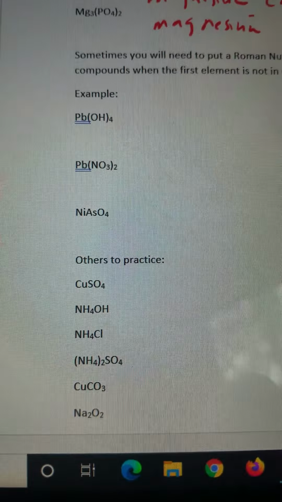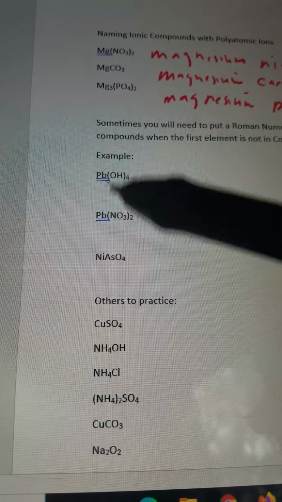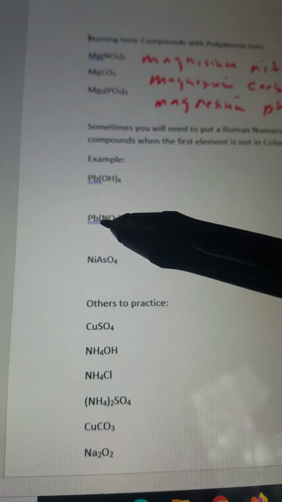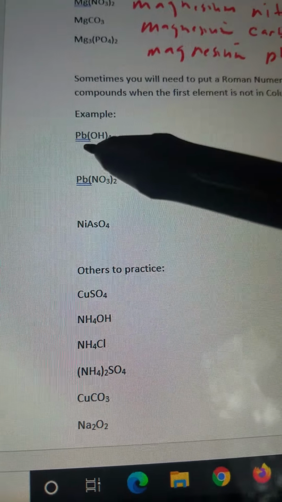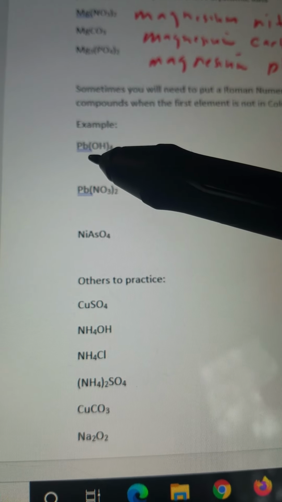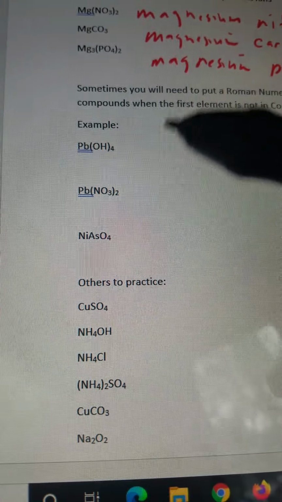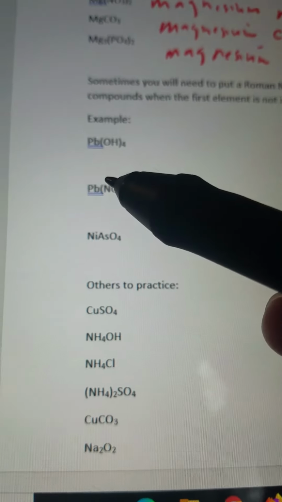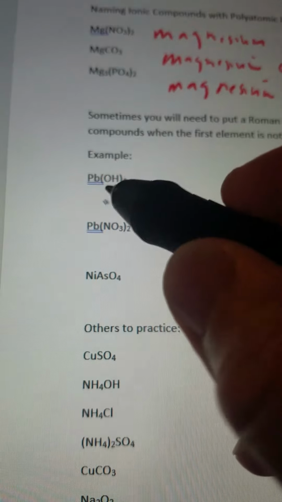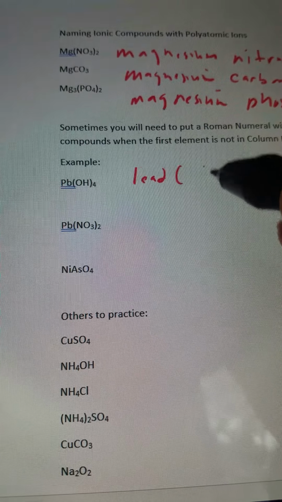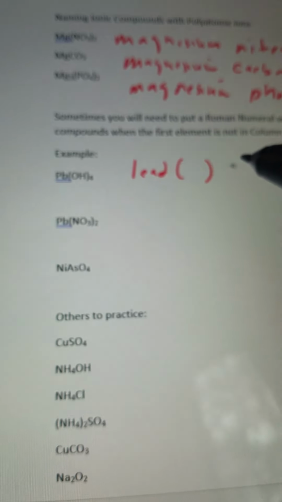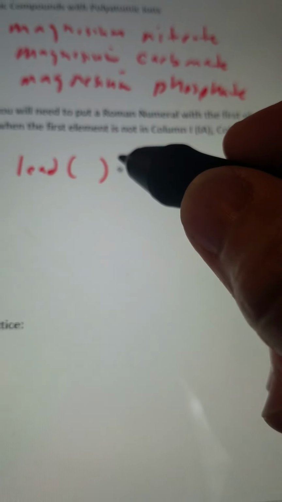Now, if you do have an element like lead, for example, in these two examples, since it is not in the first two columns and it's not silver, cadmium, zinc, or aluminum, then you will have to put a Roman numeral to indicate the charge that the lead will have. So when we're naming this, we're going to just say lead. We know we need a Roman numeral, and then the OH is our hydroxide ion.